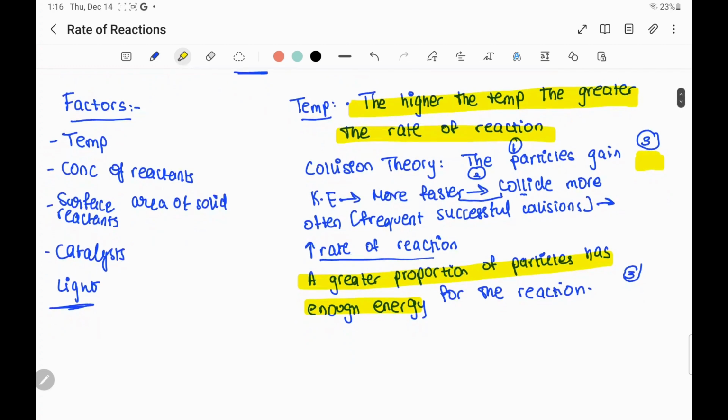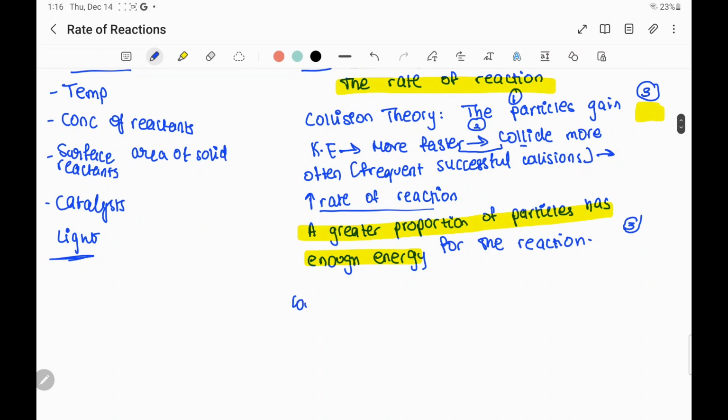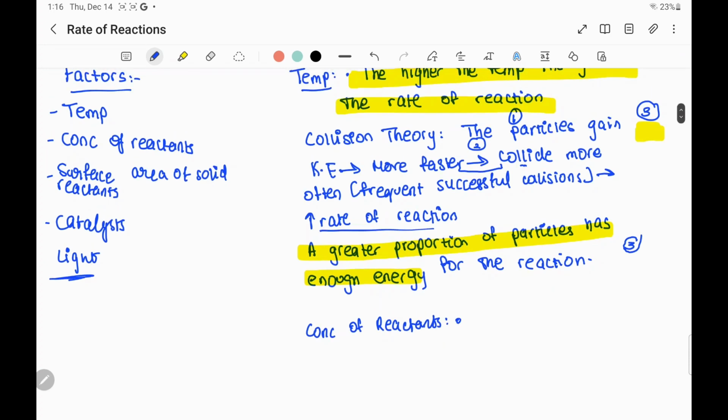Now, the next factor is concentration of reactants. The fact here is the greater the concentration, the faster the rate of reaction.